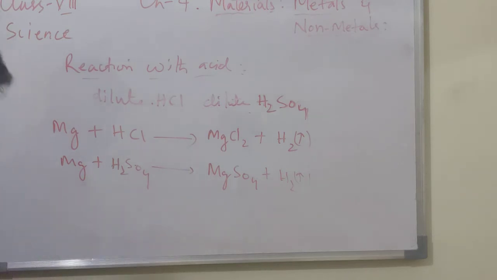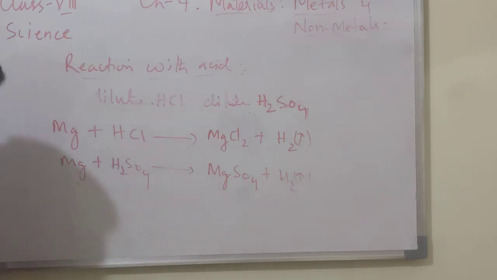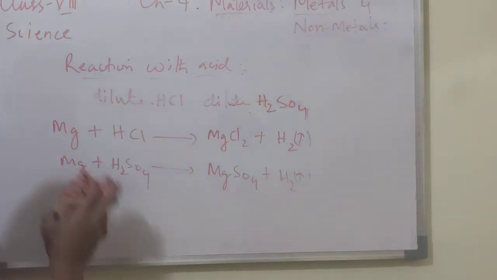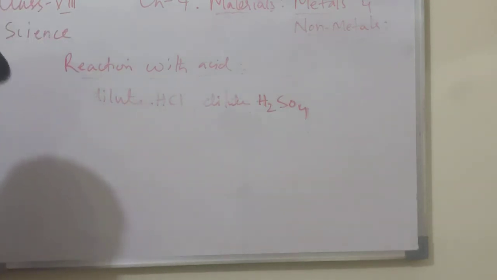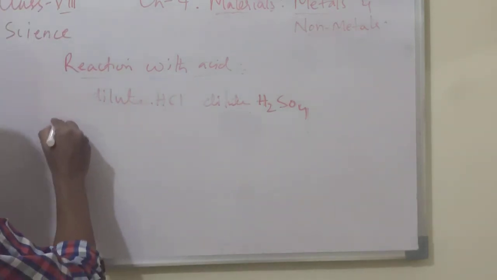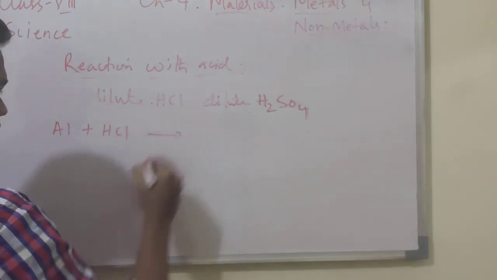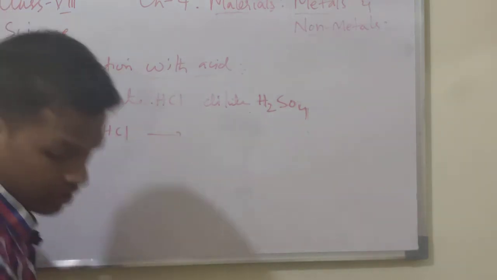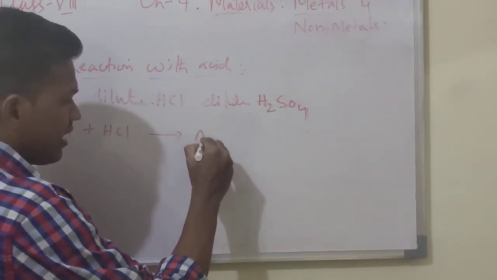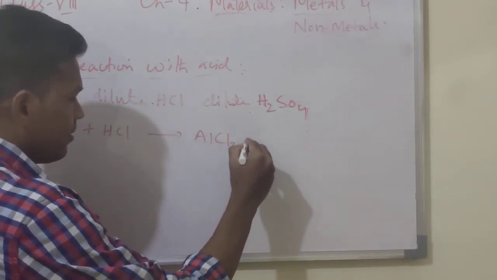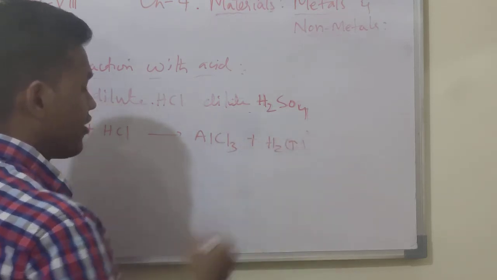Next we'll see aluminum foil. You take an aluminum foil. What happens? Aluminum plus HCl gives AlCl3 plus H2, hydrogen gas.